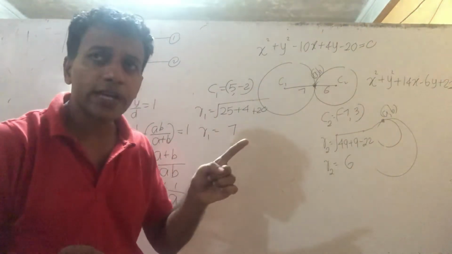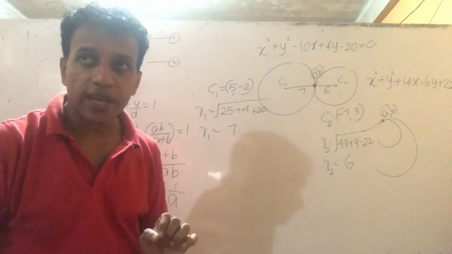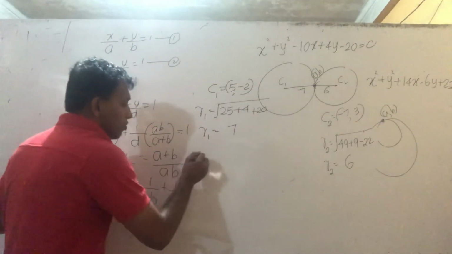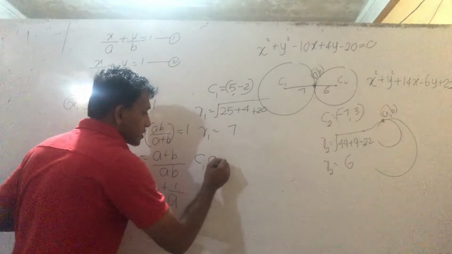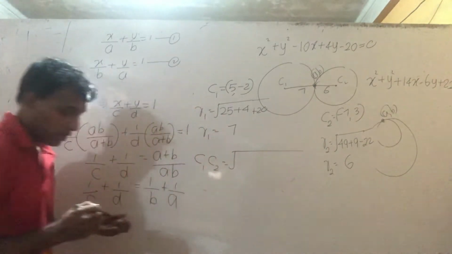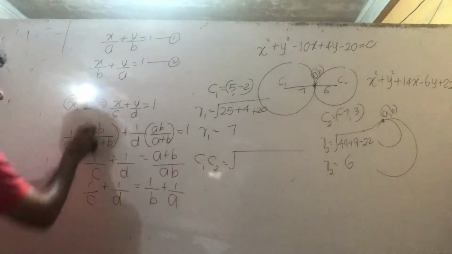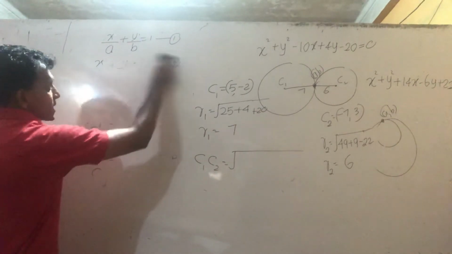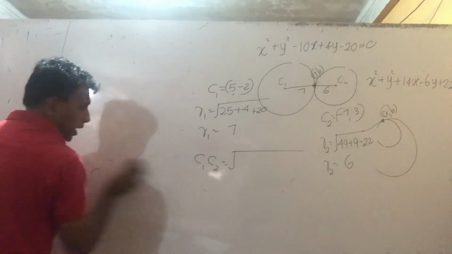Also you can find it with your ordinary straight line knowledge. What is the C1, C2 distance? By the distance formula: square root of x1 minus x2 squared plus y1 minus y2 squared.